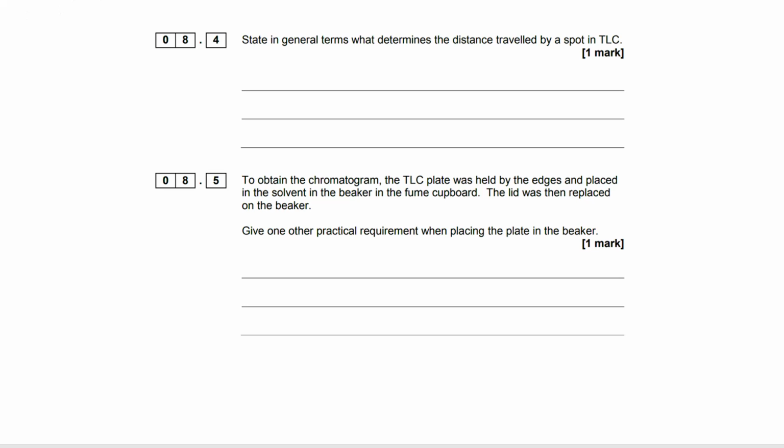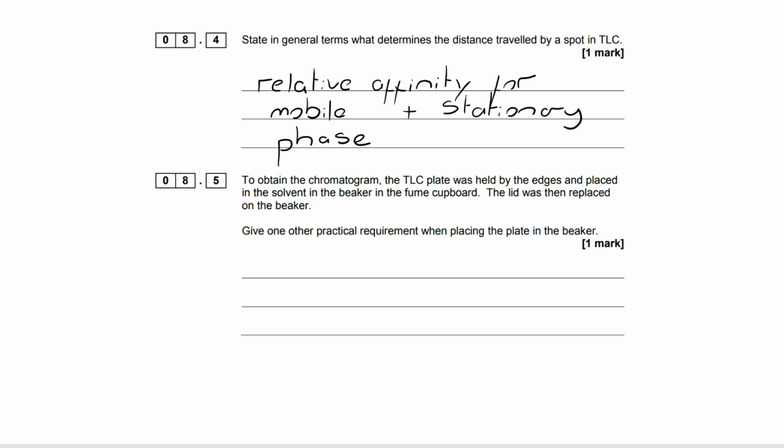Now, it's very easy to get tied up in knots on this question, stating in general terms what determines the distance travelled by a spot in TLC. And you are thinking about the fact that in one sense it's dissolved in the solvent, but it's also being held back by the paper. So we need to think of it in terms of their affinity for the mobile and the stationary phase.